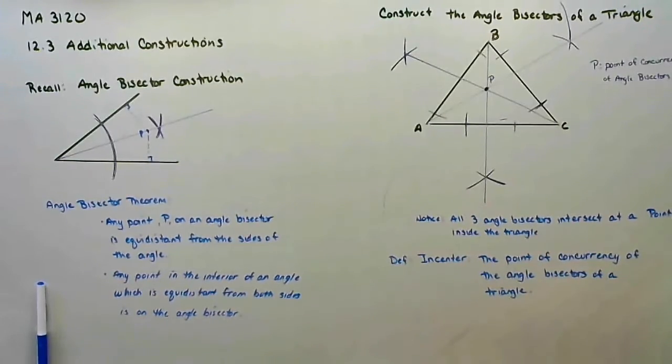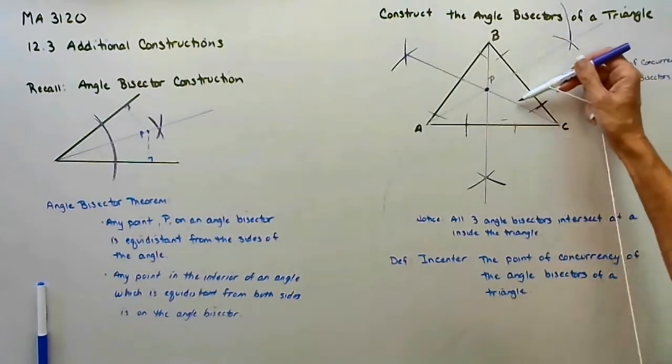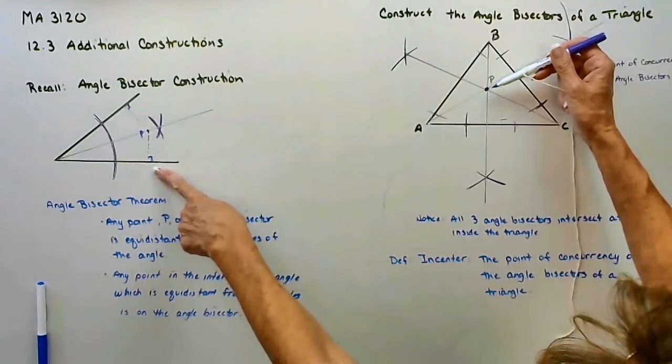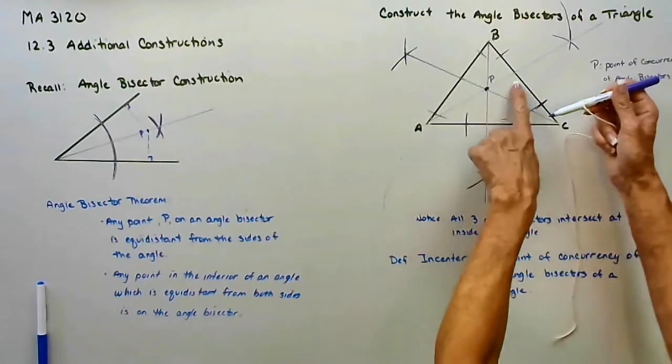We know that the incenter is the center of all these points of concurrency. We know that if this point lies on an angle bisector, it's perpendicular to the side, which means it's perpendicular to all three sides.